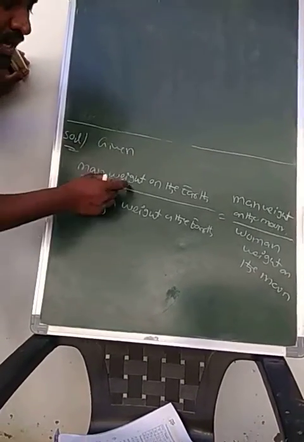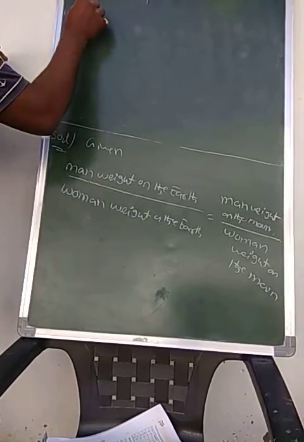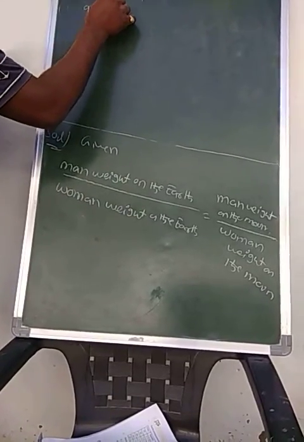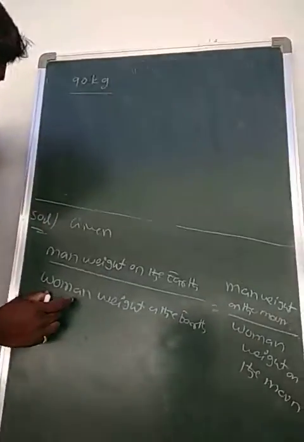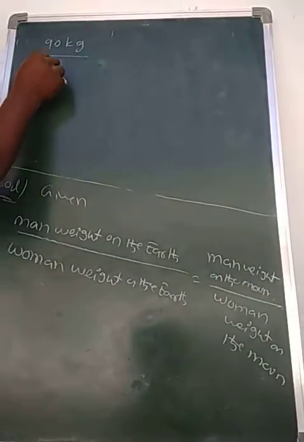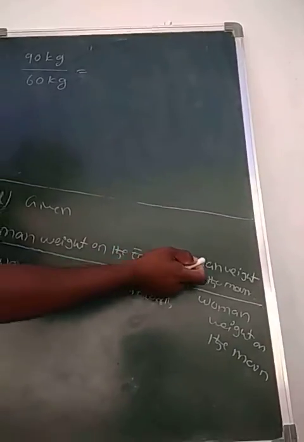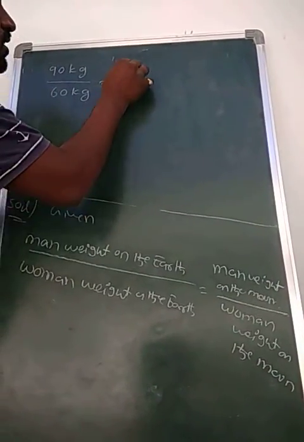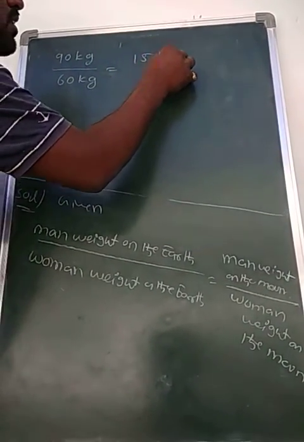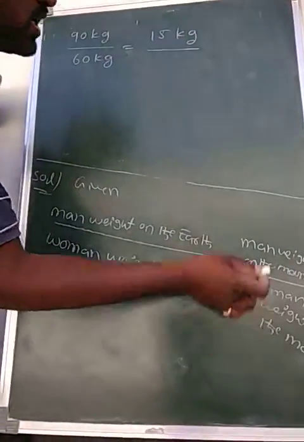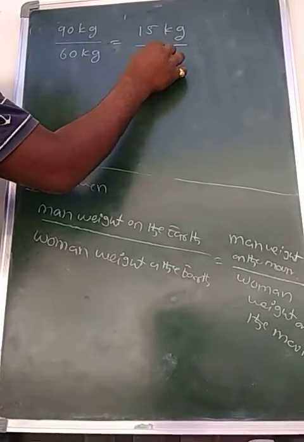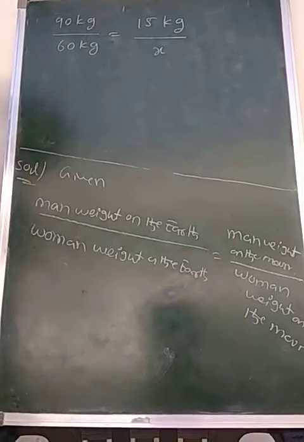Okay students, man weight on the earth is, that is what? 90 kg, by woman weight on the earth is 60 kg, is equal to man weight on the moon, 15 kg, by woman weight, which we don't know, so I am taking it as x. Okay?